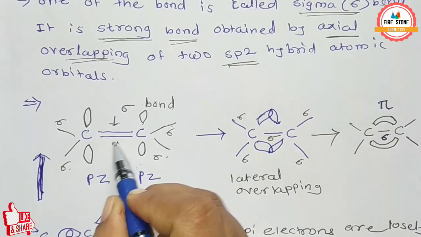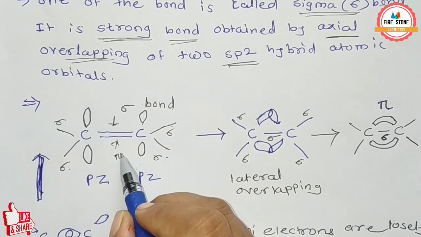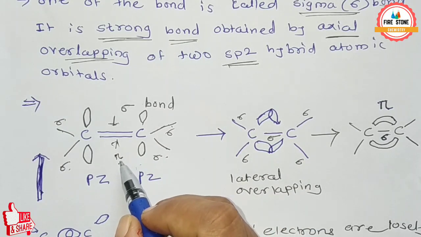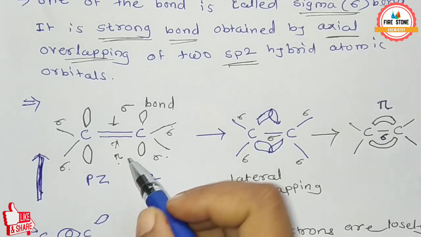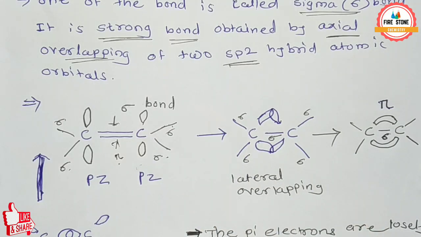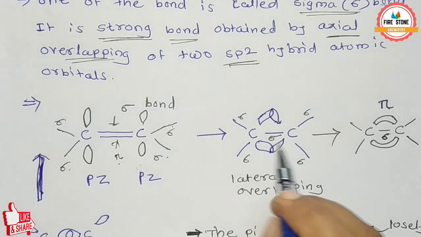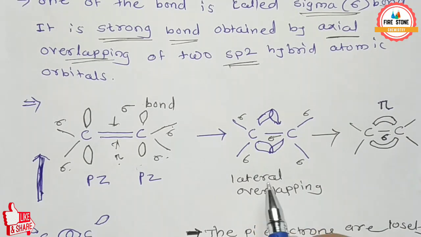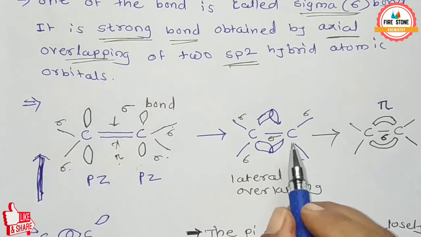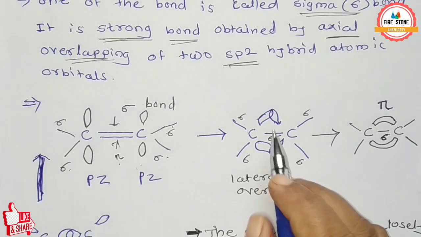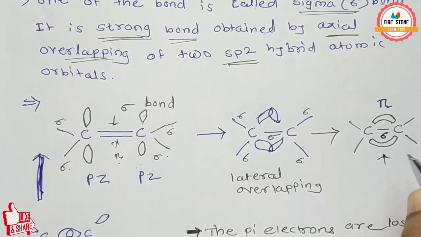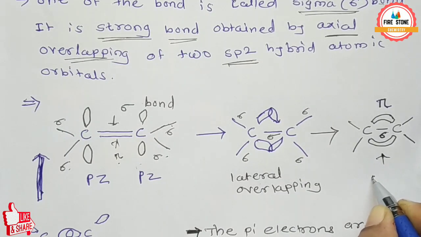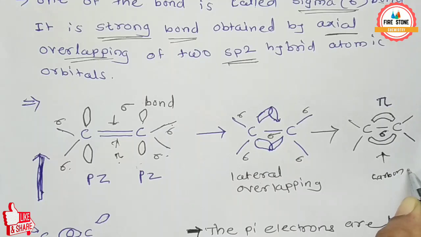Here one is the sigma bond and one is the pi bond. The pi bond is the weak bond and is more reactive, whereas the sigma bond is the strong bond and is less reactive. So here again lateral overlapping is given by the pi bond, and the sigma bond gives this structure of the carbon-carbon double bond.